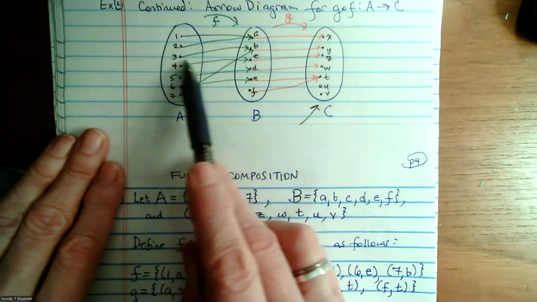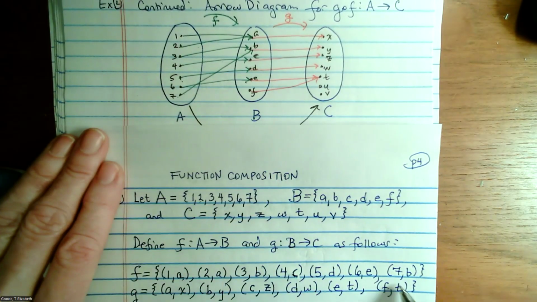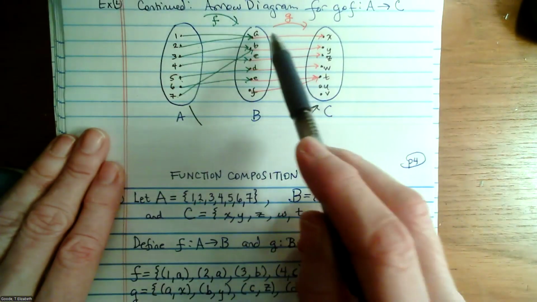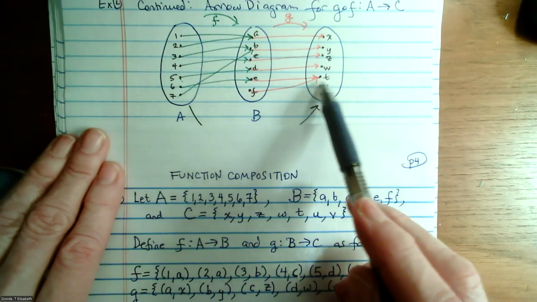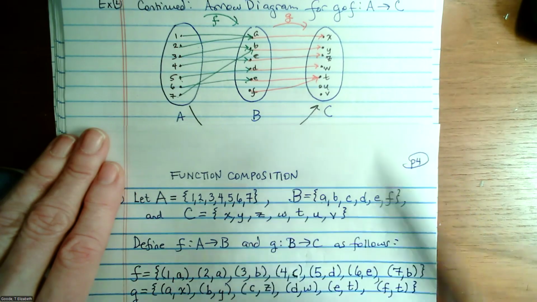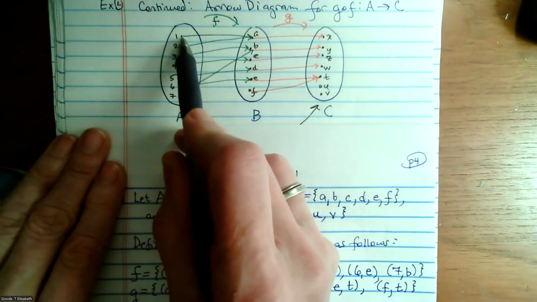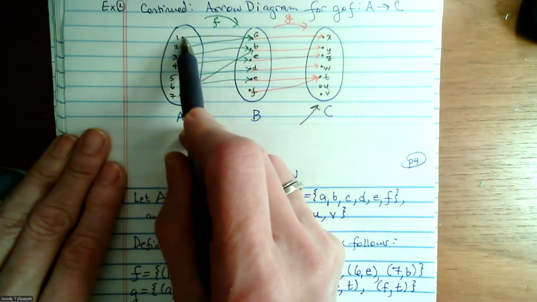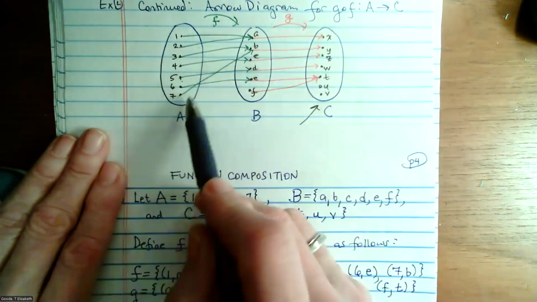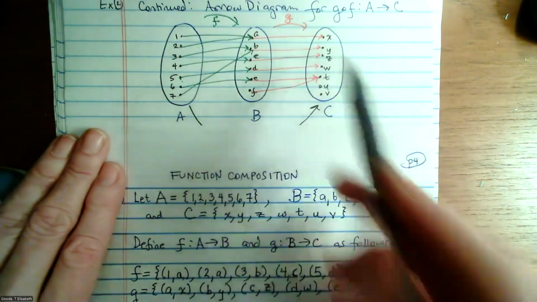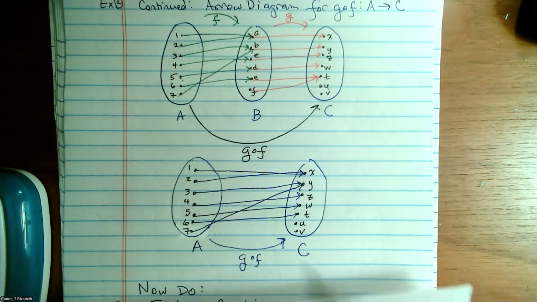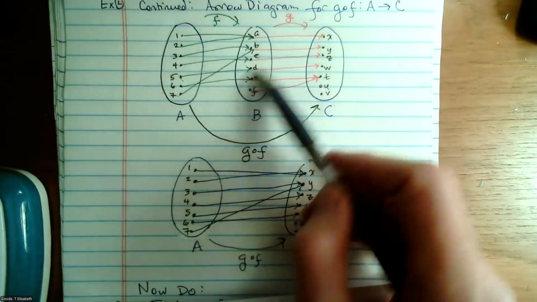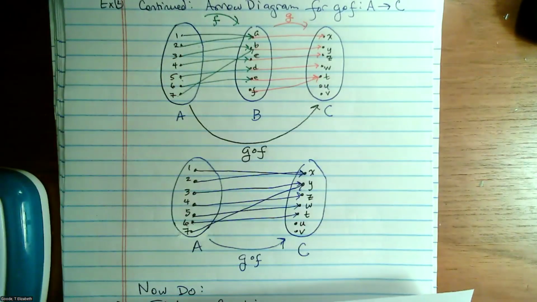So you draw the arrow diagram for F, and then here's B in the middle. So then you draw the arrow diagram for G. Notice both little e and little f map to T, right? And you can follow this to figure out, oh, 1 goes to A, goes to X. 7 goes to B, goes to Y, and that sort of thing. All right, so that's G of F. That composition is G of F. Or you could draw G of F just like this, with A and C, without what's going on in the middle. It's up to you.